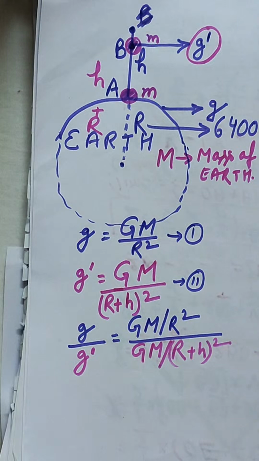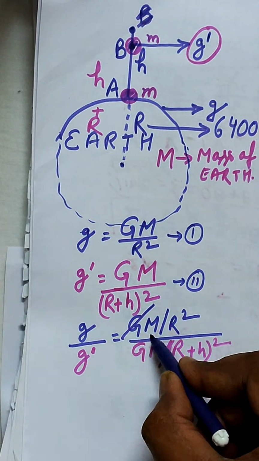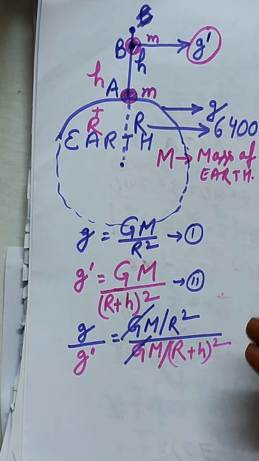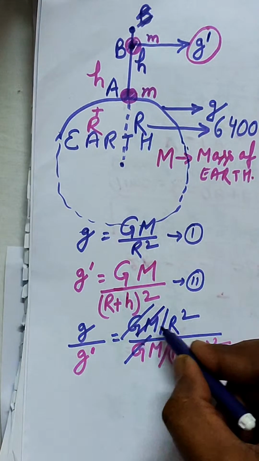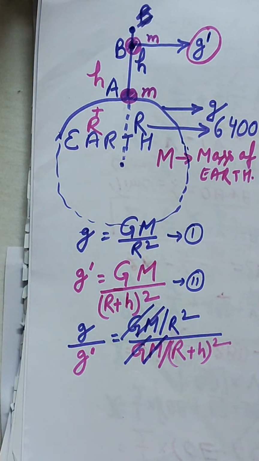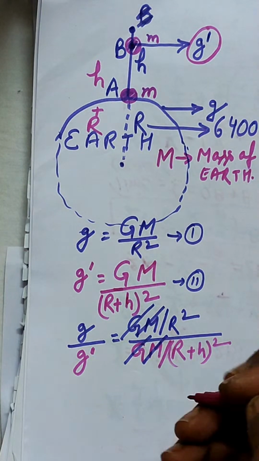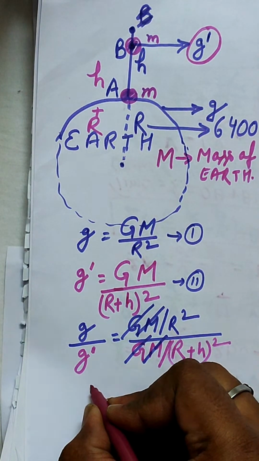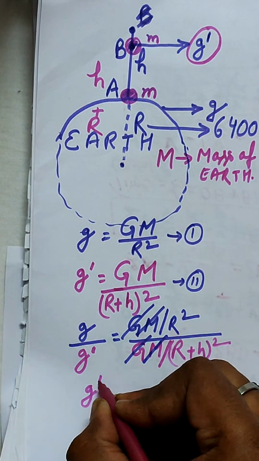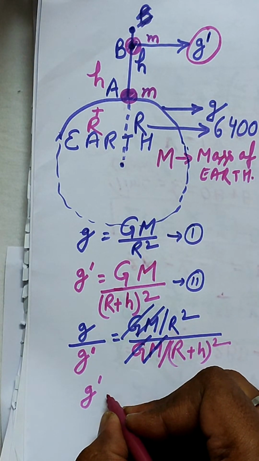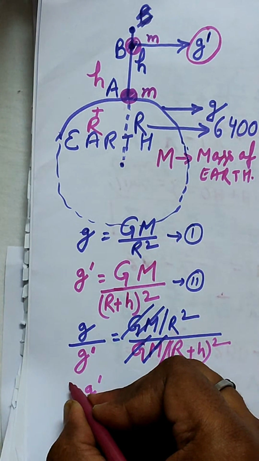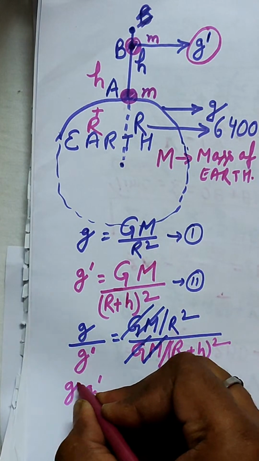So here you can see this G and this G will be cancelled out, M and M will be cancelled out, and we get the relation of the new acceleration due to gravity at h height with the original acceleration of gravity.